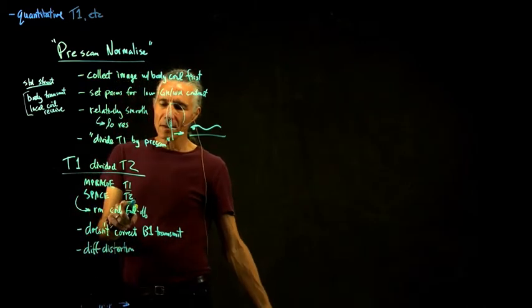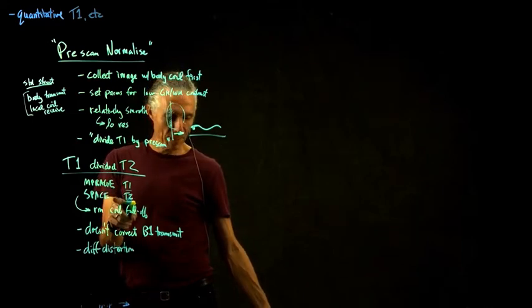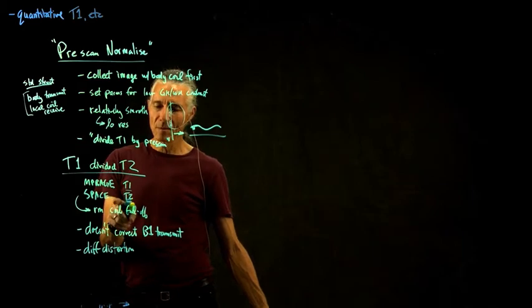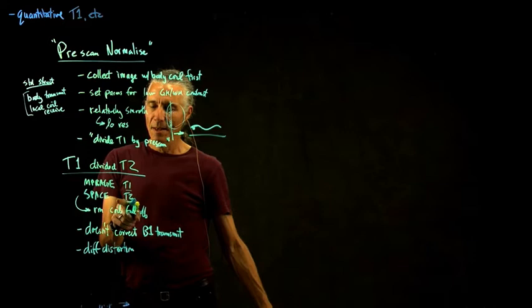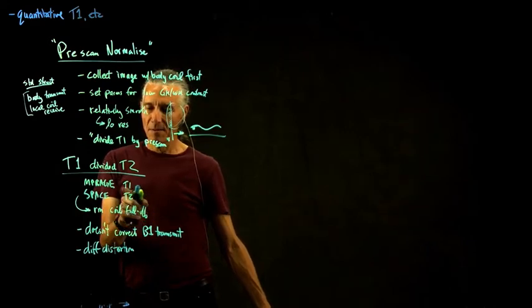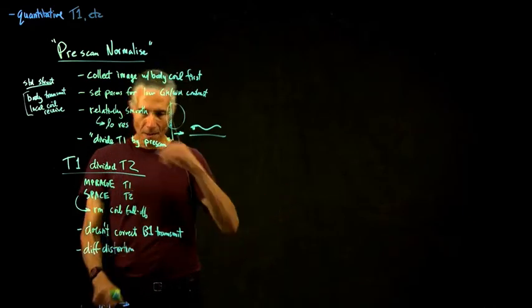So the T2 mechanism, the spin echo mechanism, because the space scan is basically a fast spin echo, will correct inhomogeneities due to static field offsets. And that will actually then fix some of the spatial distortions, which we haven't talked about. Talk about that next week.